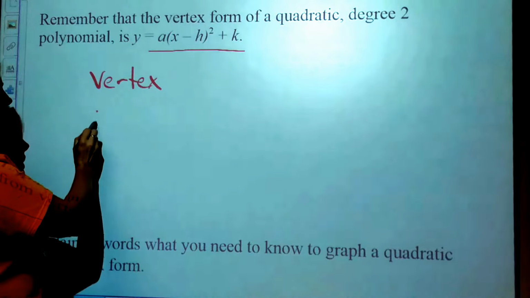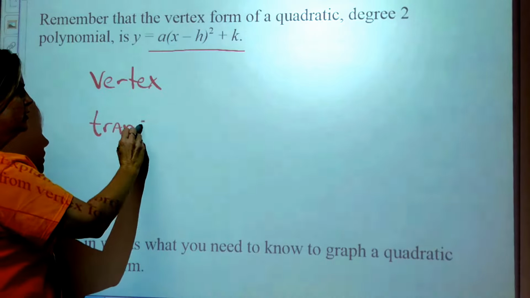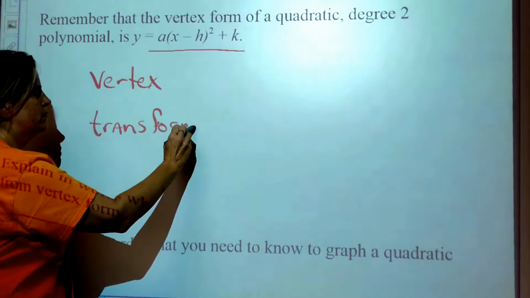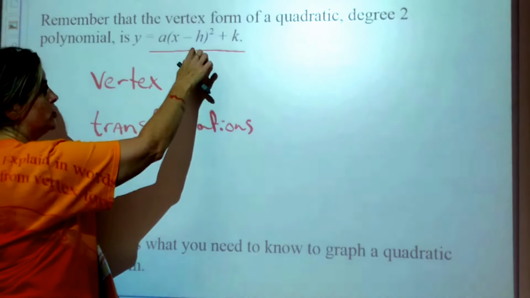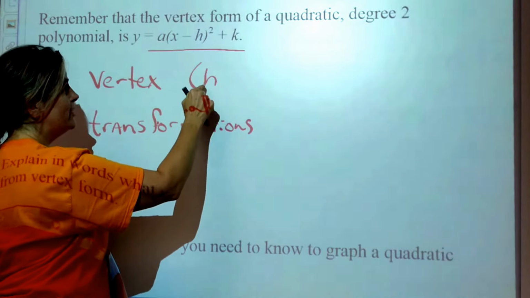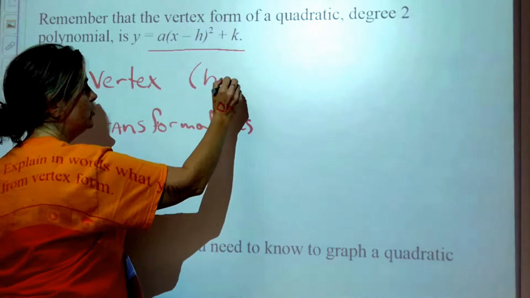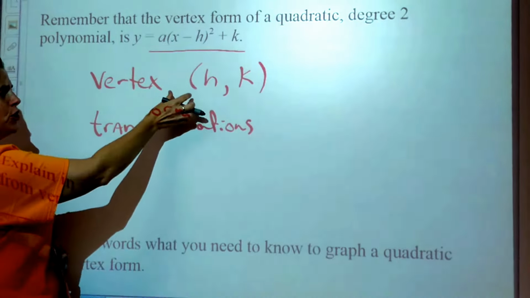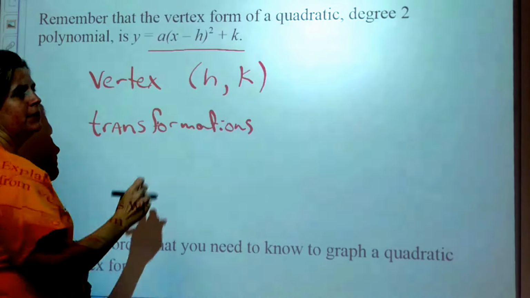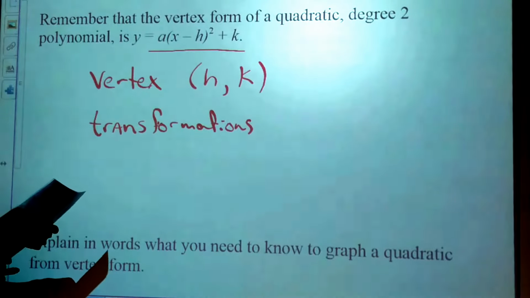You would need the vertex and you would need your transformations. Right? And the vertex being just the opposite, so that h, and then the y value is just the k value outside, that up or down. So it's just your left-right movement and then your up-down movement. That's the way you want to think about it.